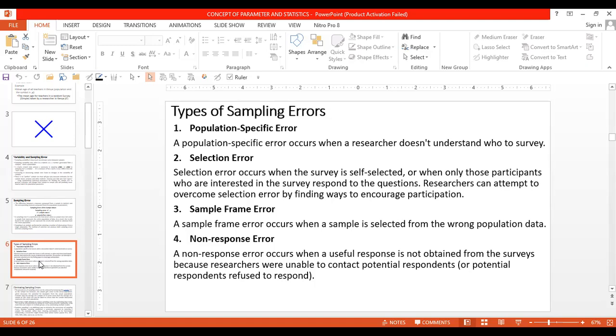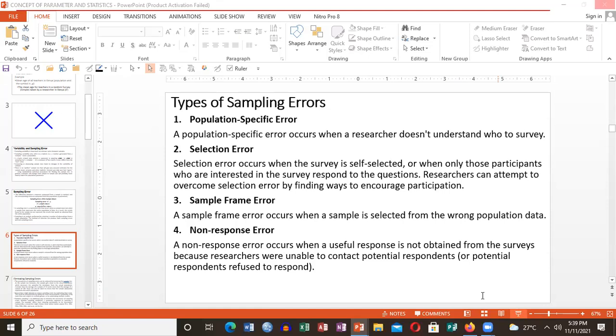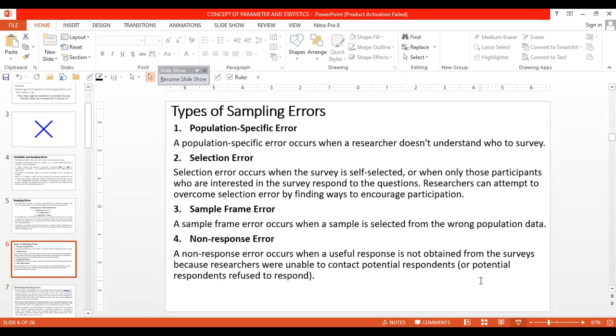Then another error is selection error. Selection error occurs when the survey is self-selected, or when those participants who are interested in the survey respond to questions.